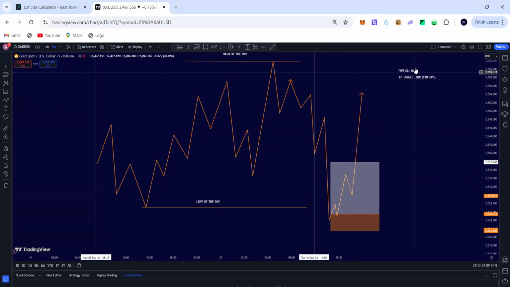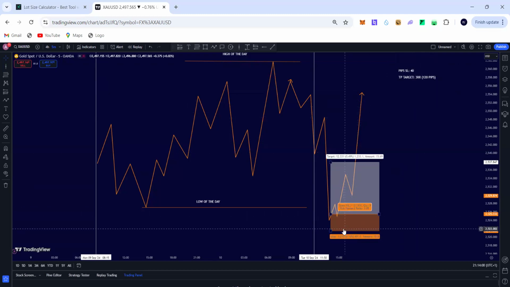For this particular strategy, you use a 40 pips SL, and your TP target is either 3RR or 120 pips, whichever one you're familiar with. So your TP is 3RR or 120 pips, and you're using an SL of 40 pips. That is what you work with.